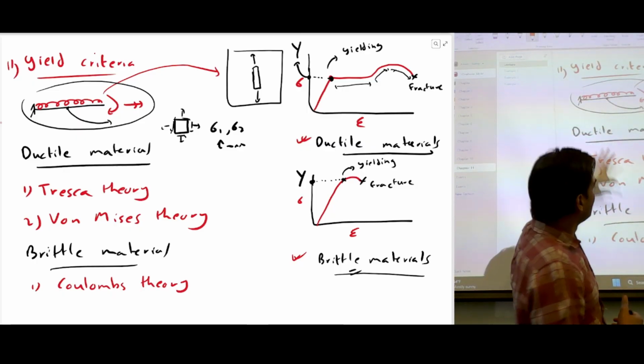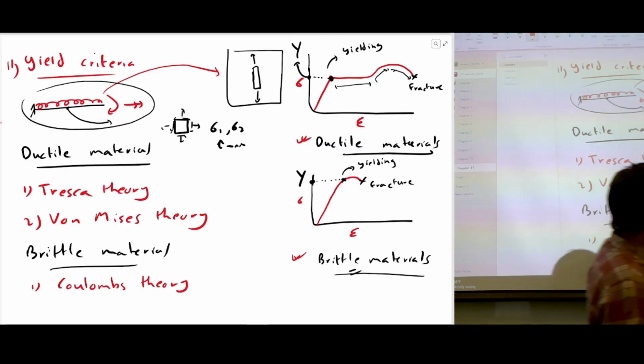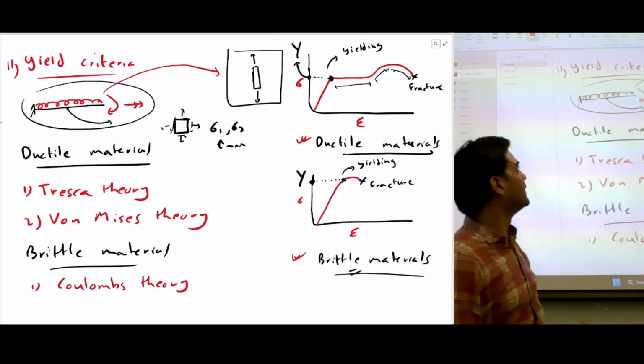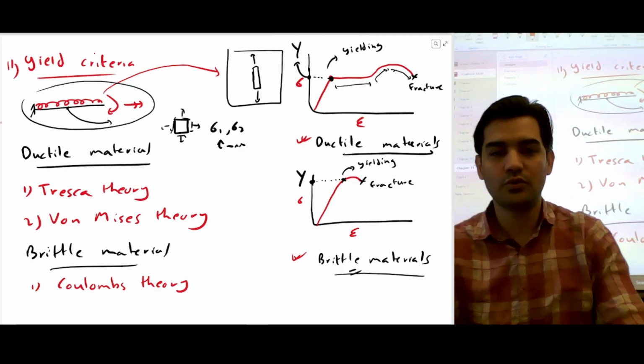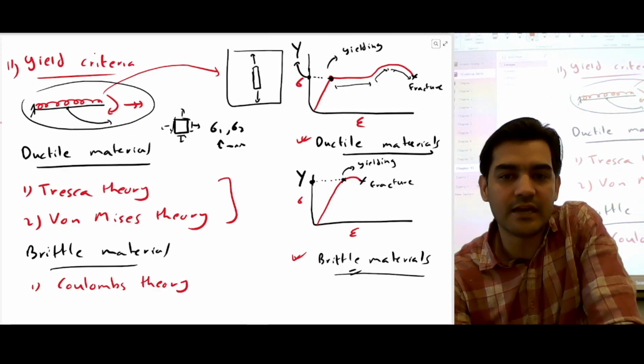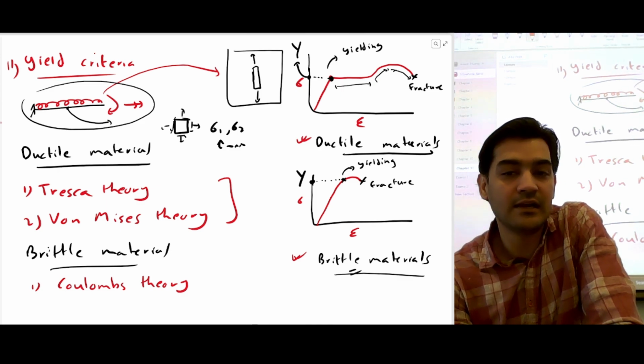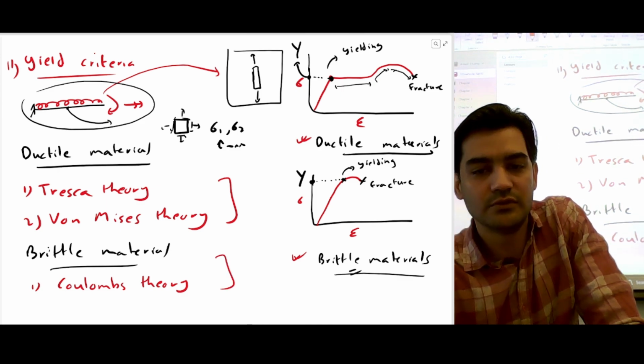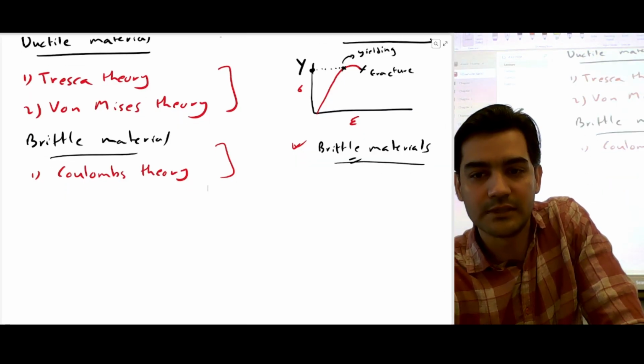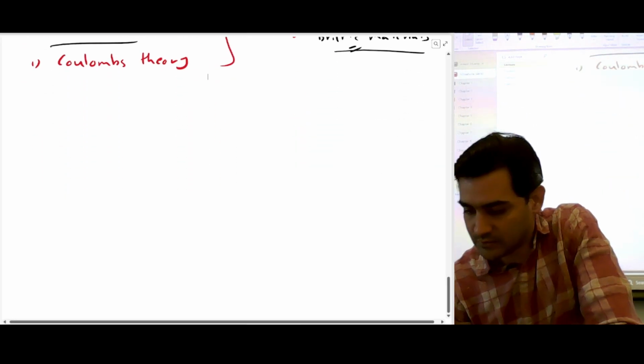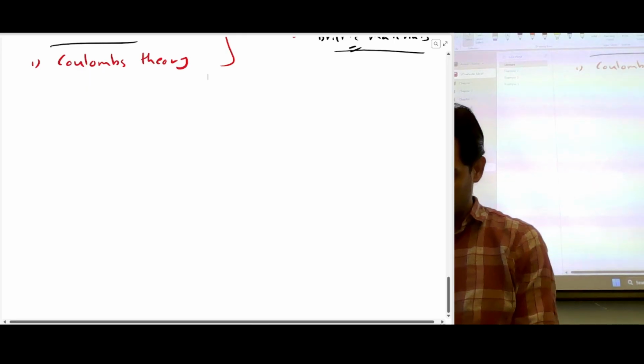So we're going to make use of this information and try to predict yielding or failure. We're going to talk about Tresca and von Mises if a material is ductile. If the material is brittle, then we're going to use Coulomb theory. So these are the three theories which we're going to talk about.